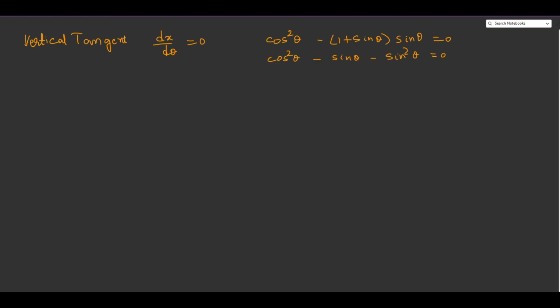This first cosine square theta can be written as 1 minus sine square theta minus sine of theta minus sine square theta equals 0.